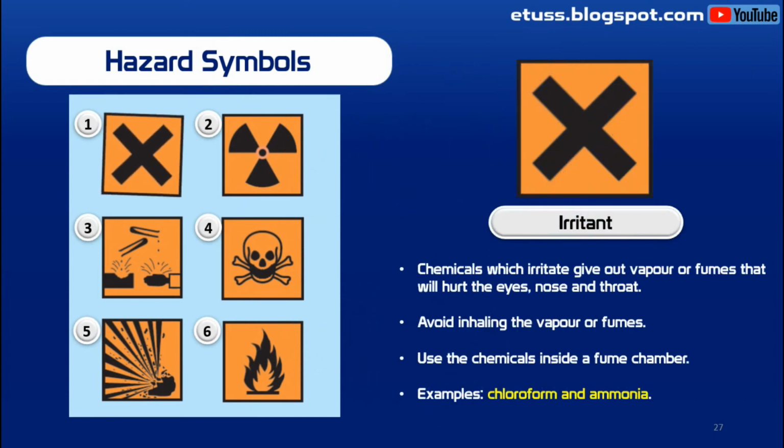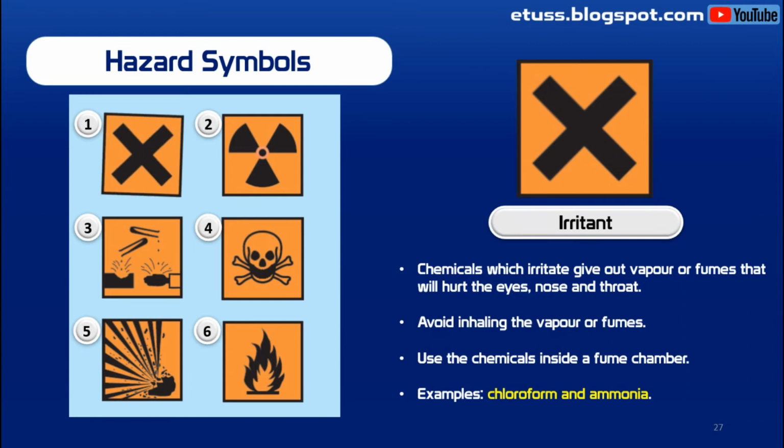First, irritant. Irritant is substance that can cause an uncomfortable condition such as itching, stinging, or pain. Irritants can produce vapors or fumes that can irritate the eyes, nose, and throat. Avoid inhaling the vapors or fumes.